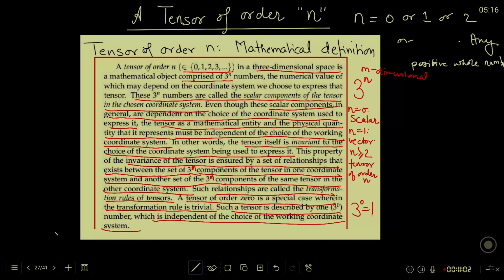So based on our familiarity with the properties of tensor of order 1, that is vector, I want to now talk about tensors of order 2. Alright. So if I have a tensor of order 2, now the question is, how do I express that tensor?